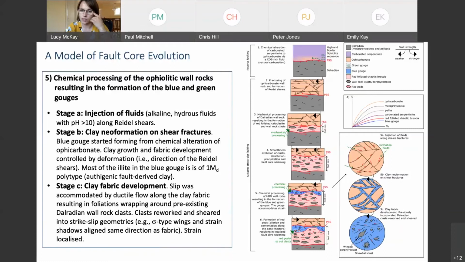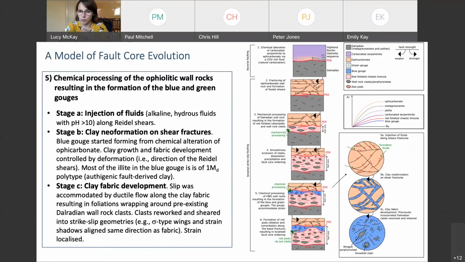So first you get this injection of fluids along the radial shears. Then you get clays forming on the shear fractures, so the blue gouge starts forming from the chemical alteration of the ophicarbonate and carbonated serpentinite units. And the clay growth and fabric have been controlled by the radial shears in the fault. And then you get this clay fabric development.